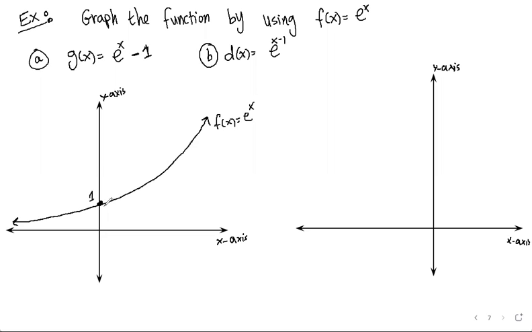This is 1. Now we have to shift everything 1 unit down. This is my horizontal asymptote, the x-axis. Now my horizontal asymptote will be 1 unit down, like this. This is my horizontal asymptote for the new graph.